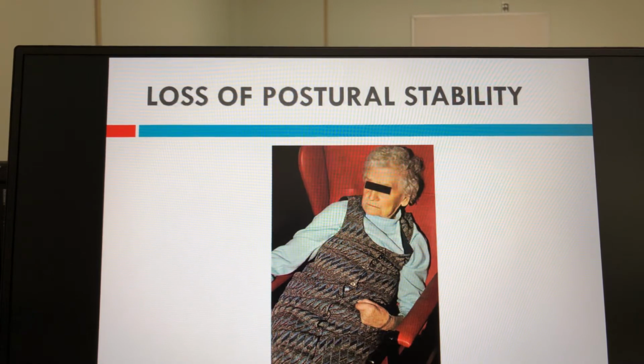As improvement continues, small voluntary movement of the hip or shoulder may be accompanied by involuntary movements in the rest of the extremity, and they call it synergy. The final stage of recovery occurs when the patient has voluntary control of isolated muscle groups.